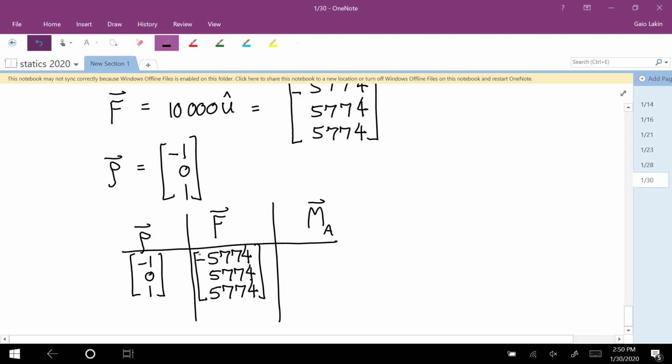And now the cross product, just plug it into your calculator to do this. Then this comes out to be 0, I think. So -5774 plus 5774. And then the last one is -5774.